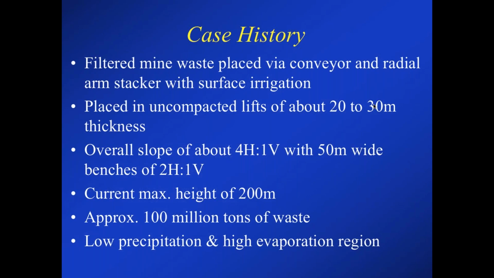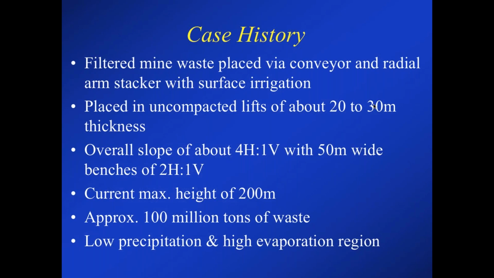In this particular case, it's placed in very large lifts, 20 to 30 meter thicknesses. They're not always that thick, but some are. The overall slope of this particular one was roughly 4:1, and it had 50-meter wide benches, and each of the individual benches was as steep as 2:1. So even those 2:1 slopes are 20 meters high or so.